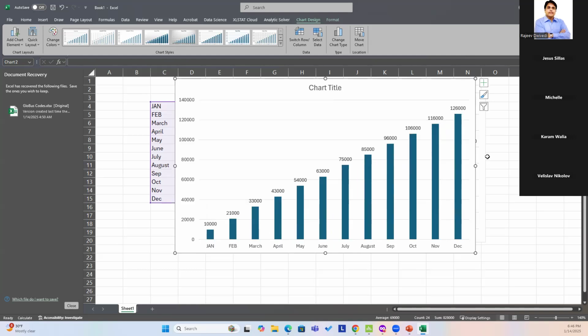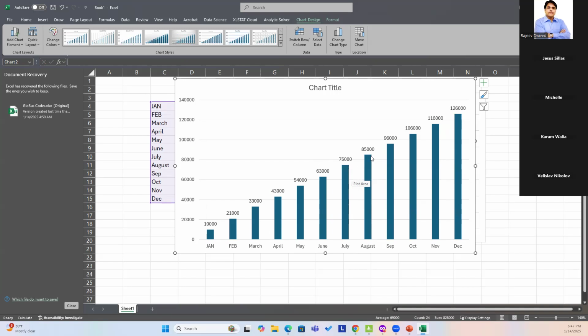Now my question is the same: what is the salary of someone before July? You don't need to look much, and you can get the answer right away. Before July, you just look at that month and you will see 63,000.